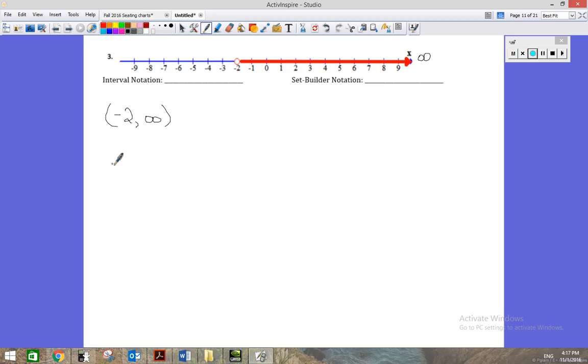Now, for set builder notation, this part I have memorized. It's always part of my answer. And now I need to use inequalities to describe what's shaded. I will never see an infinity symbol inside the set builder notation. I will never use an inequality that has an infinity symbol. So I've got my variable, and all of these values here are bigger than -2.